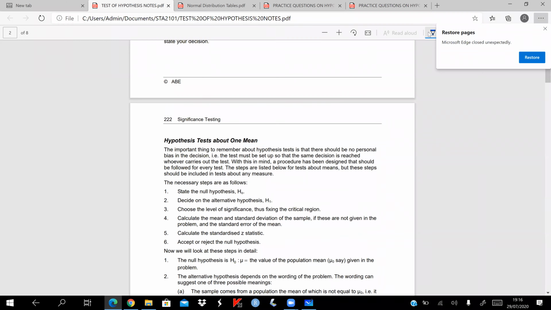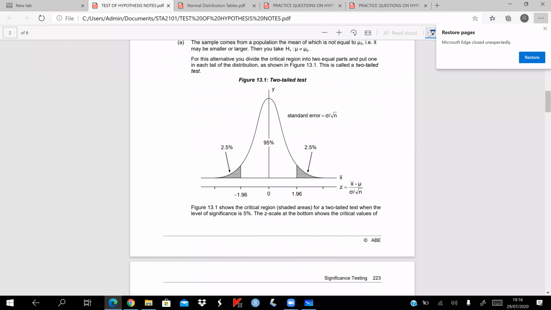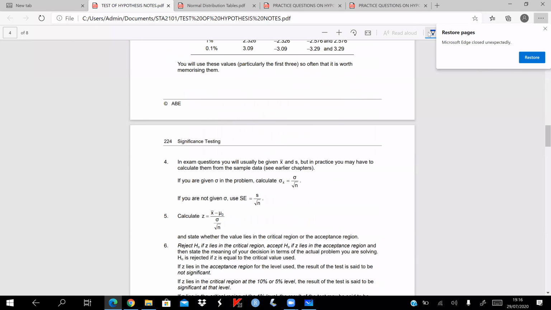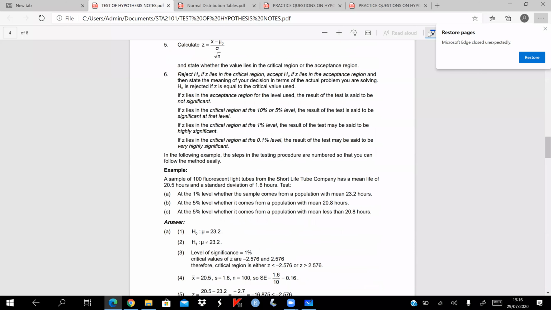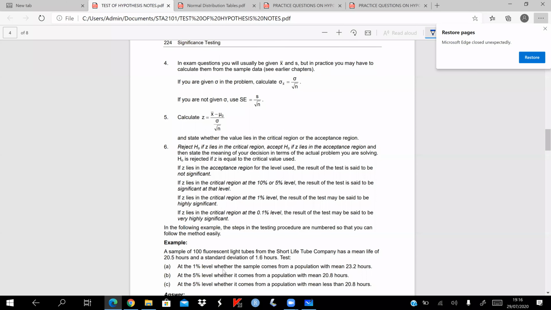This was the question. We need to test whether the sample comes from a population whose mean is that. So if you are to give me a one-word answer, yes or no, what would you say?